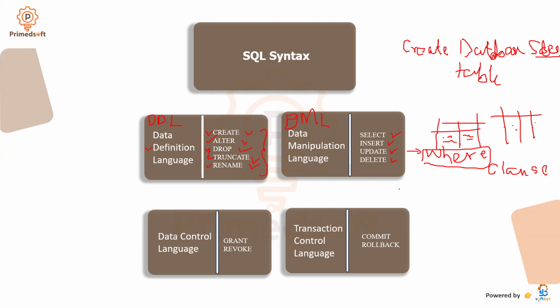So if Lola's ID is 10, and we mistakenly spelled it Lolo, you will tell it to go and update it to Lola where the ID is equal to 10.